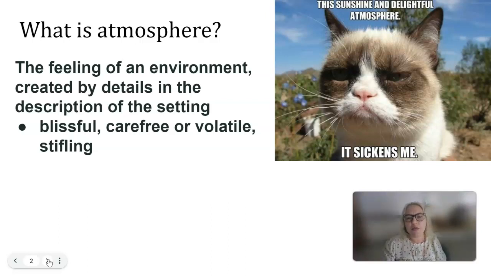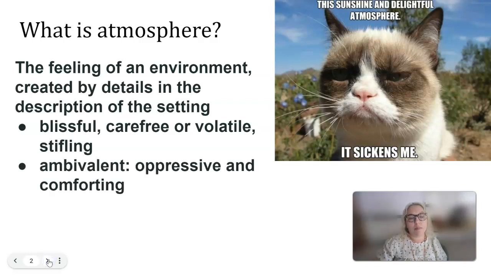But then there are other times when the atmosphere is quite different, when he's at home and the atmosphere is volatile and stifling because his dad is there barbecuing and drinking too much and about to explode, and then eventually does. So those are some different kinds of words you can use to describe atmosphere.